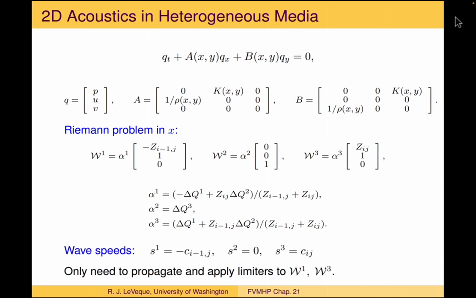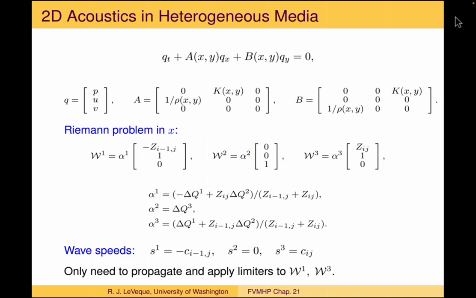And the wave speeds, again, the left-going wave, S1, would be speed minus Ci-1j, based on the sound speed in the cell to the left, whereas the 3 wave is moving into the cell on the right, so it has speed plus Cij. And the wave in between has speed 0, since we've linearized about 0 velocity.